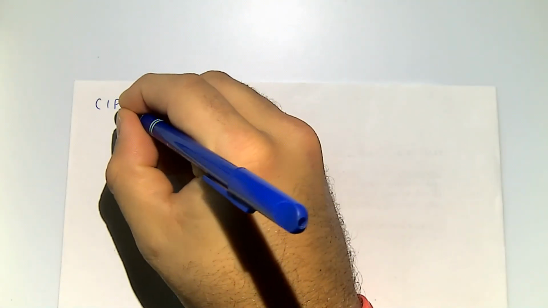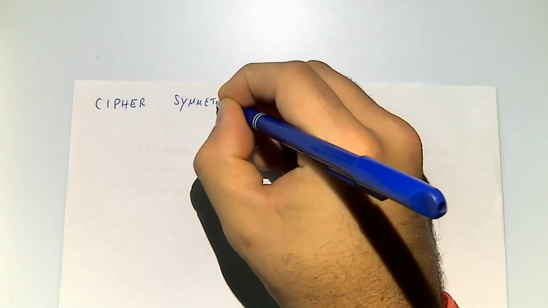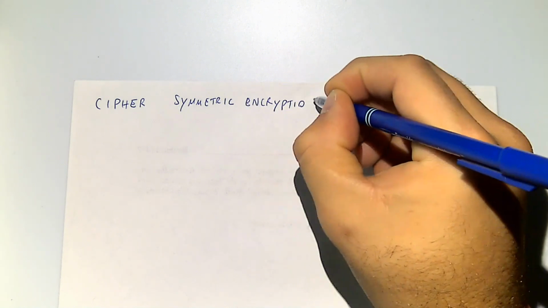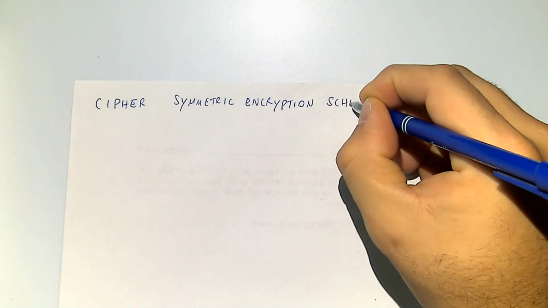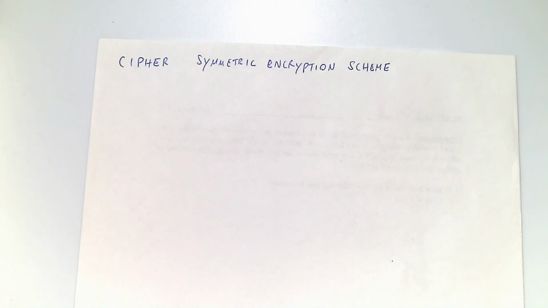Formally, let's say that a cipher, also known as a symmetric encryption scheme, is composed of three spaces: a space K, a space M, and a space C. Sometimes it is P, it doesn't really matter.